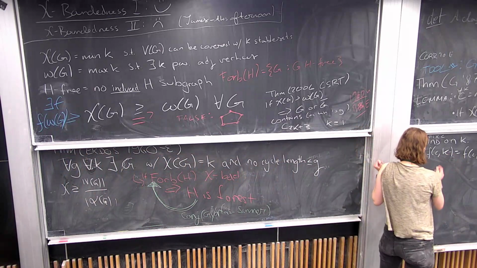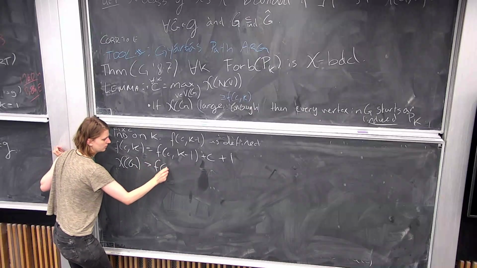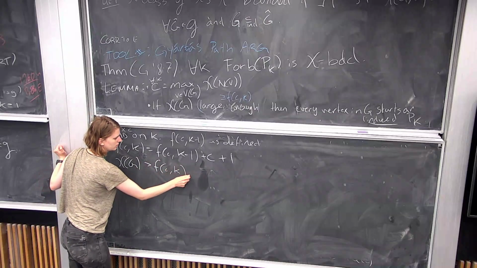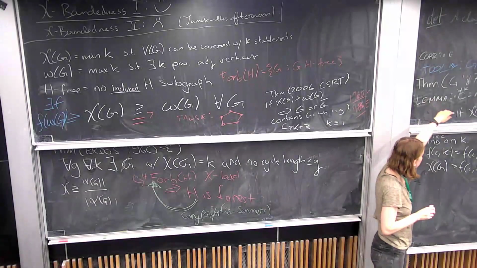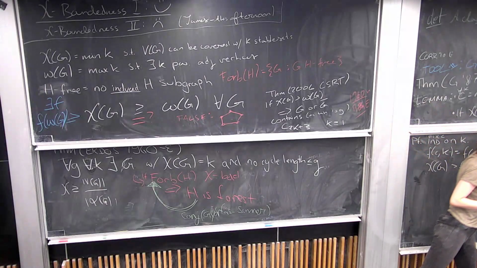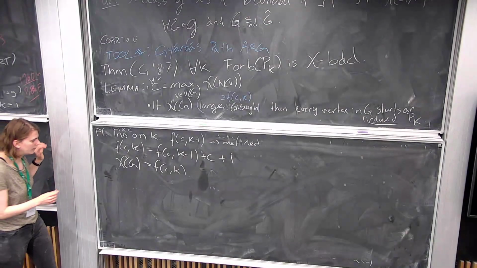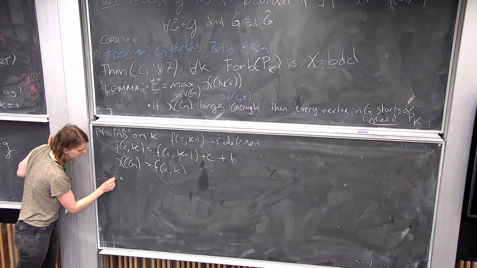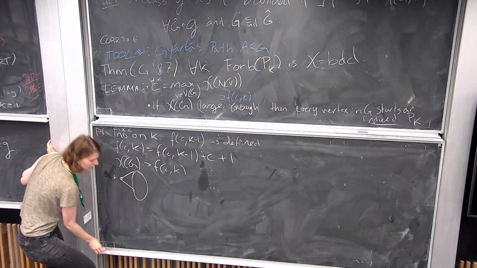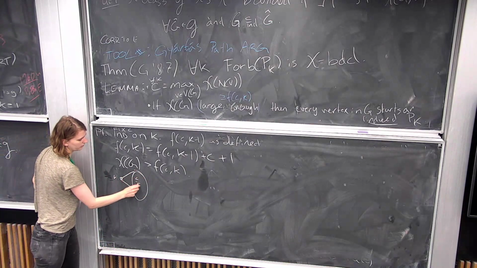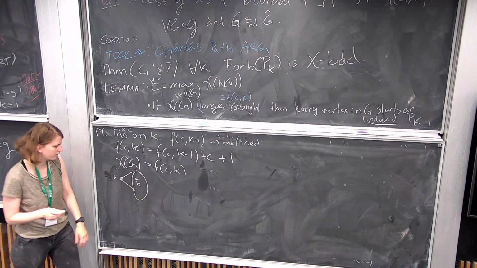So then what do we do? We want to prove that it actually satisfies this property where everyone is the start of a P_K. So we choose some vertex. We're going to look at its neighbors. Its neighborhood uses at most C colors. So after we delete it, we still have a lot of colors left over.